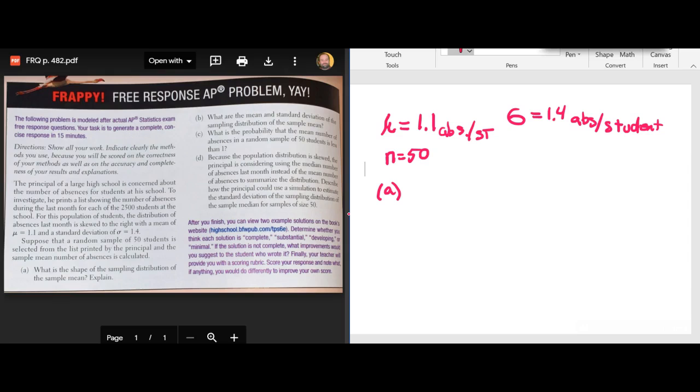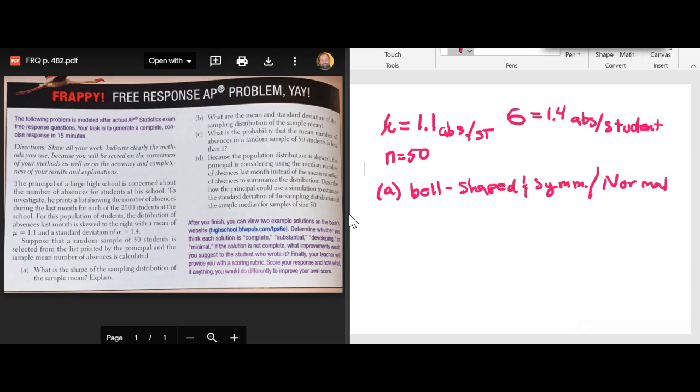All right, so shape here is going to be bell-shaped and symmetric, or you could say normal, right? This is a normal distribution. How do I know it's a normal distribution?